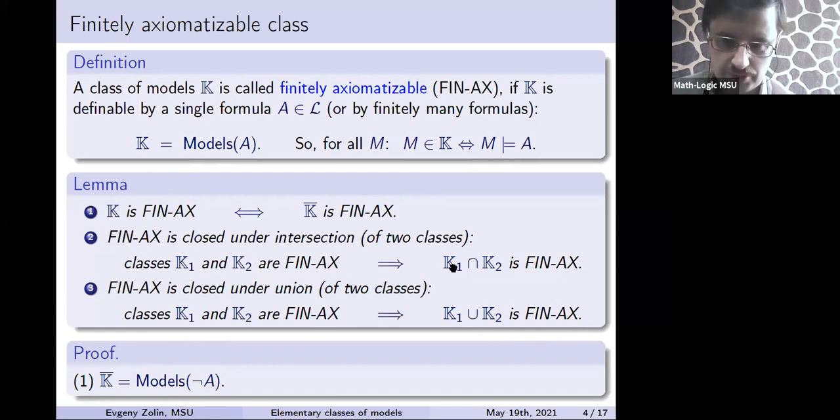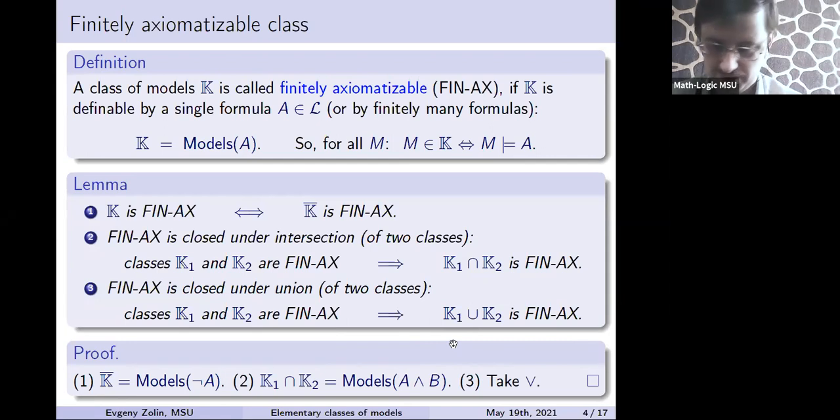For item 2, if K1 and K2 were defined by some formulas, say A and B, then the intersection, of course, is definable by the formula A and B, the conjunction. And for union, of course, we need to take the disjunction of these two formulas. So this is easy.